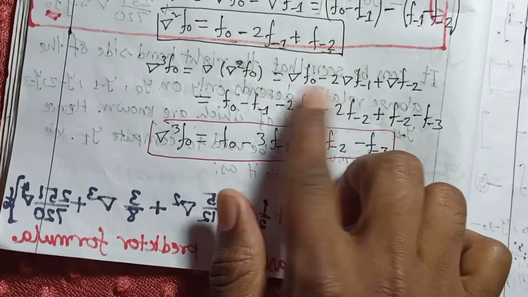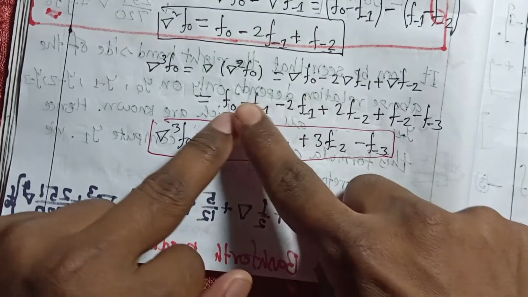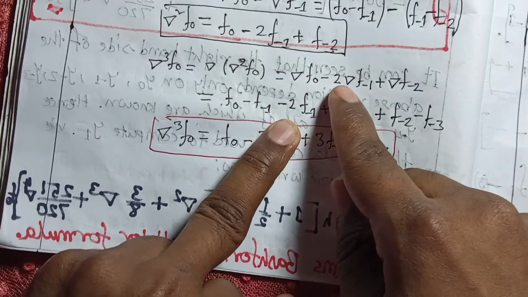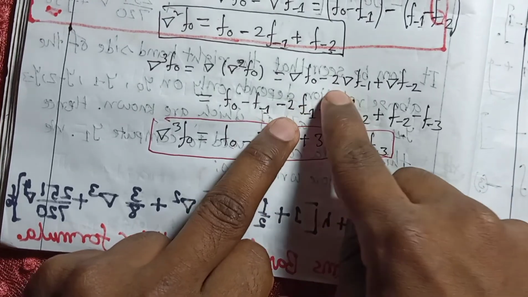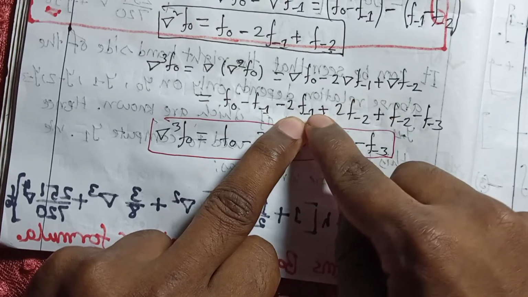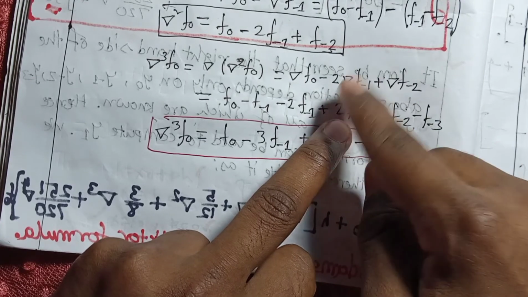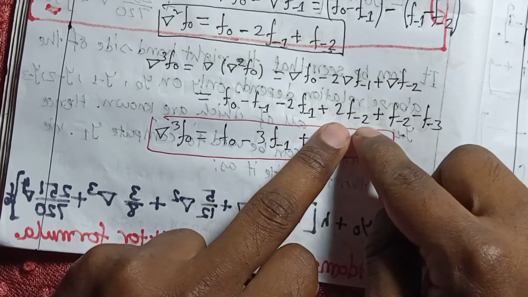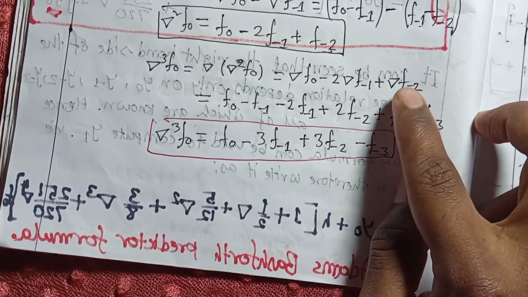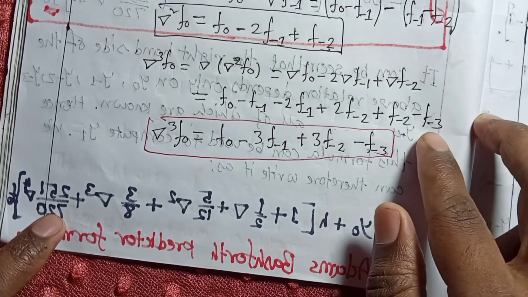Then we calculate nabla f0 equal to f0 minus f sub minus 1, and for that term we get minus 2 nabla f sub minus 1 plus 2 nabla f sub minus 2, where nabla f sub minus 2 is nothing but f sub minus 2 minus f sub minus 3.